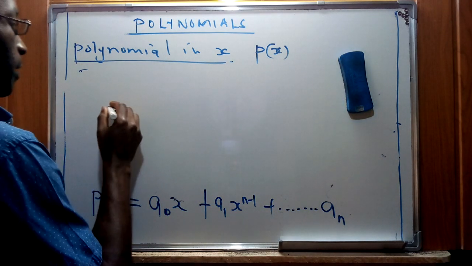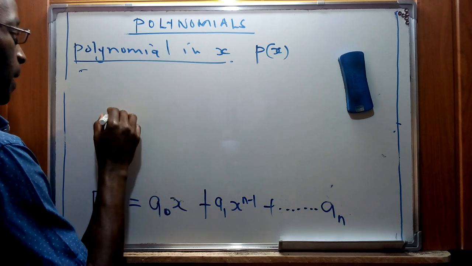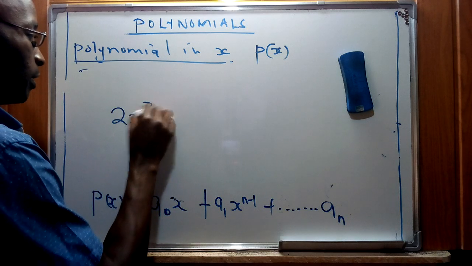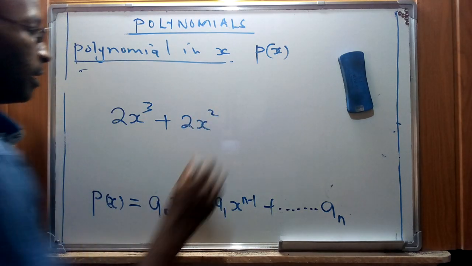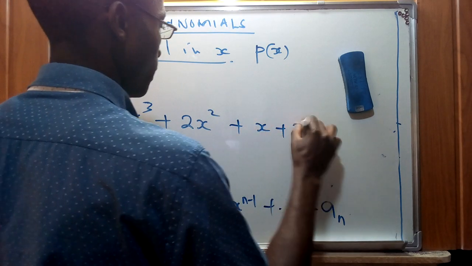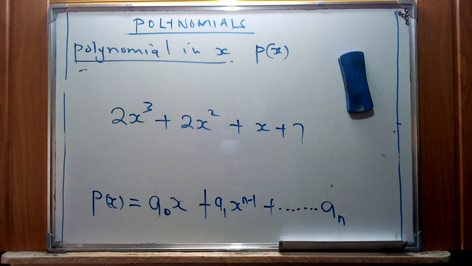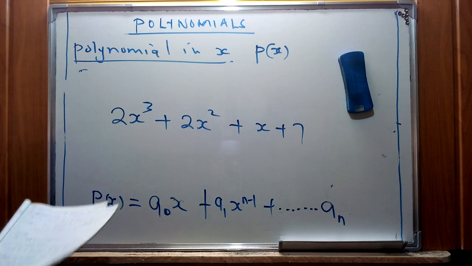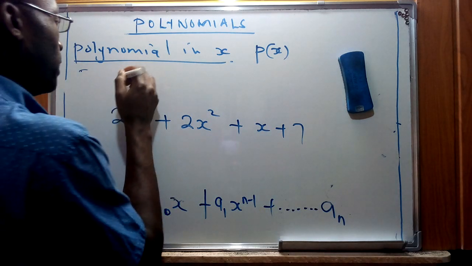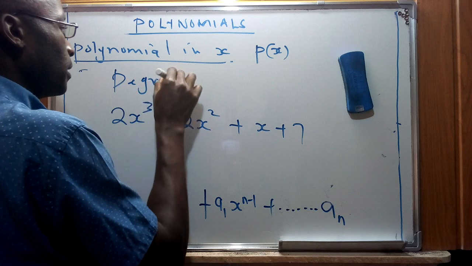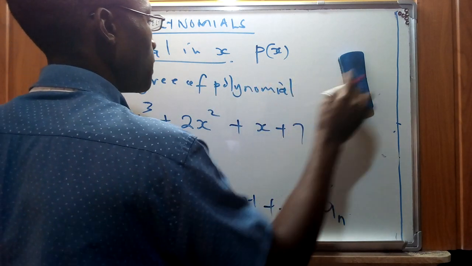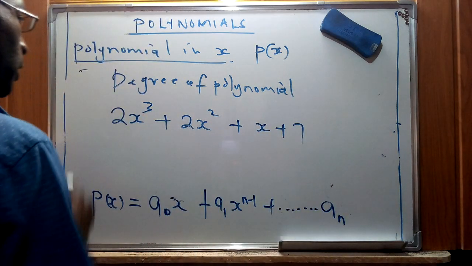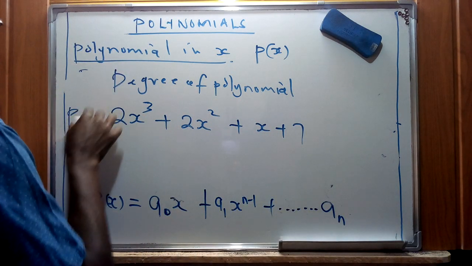In case I represent a polynomial as 2x cubed plus 2x squared plus x plus 7, the concept of the degree of a polynomial refers to the highest power in the polynomial's terms.